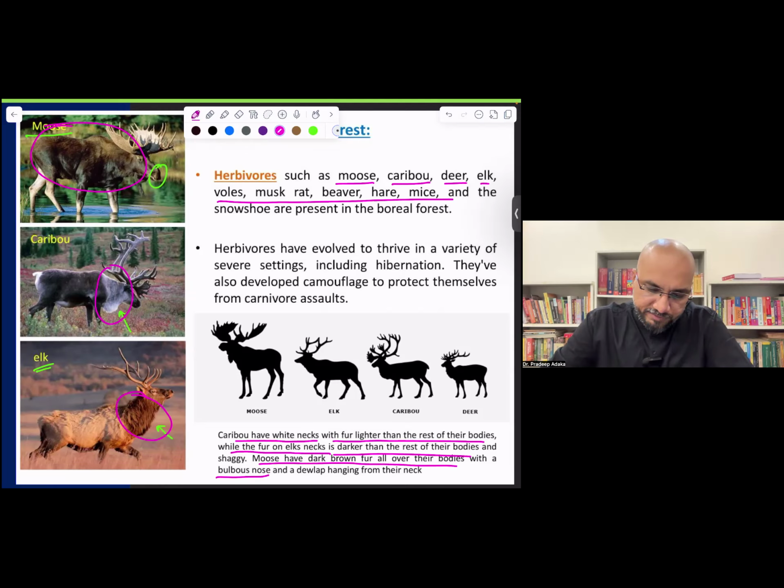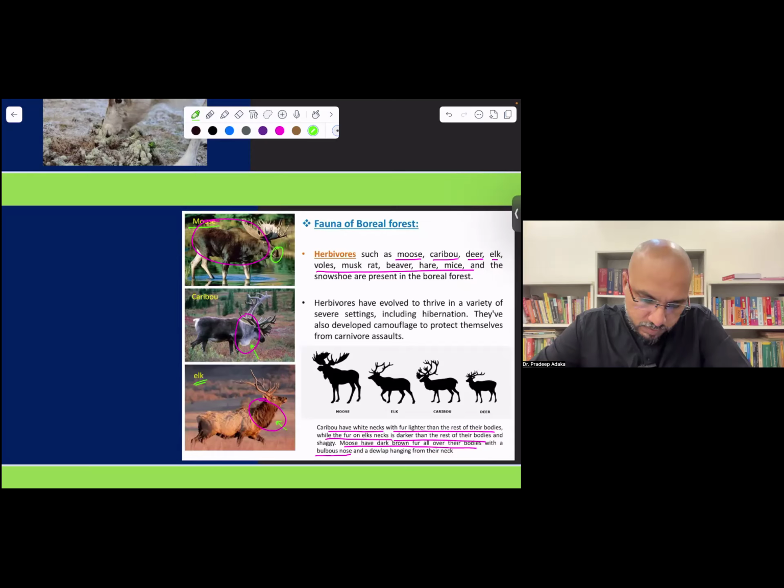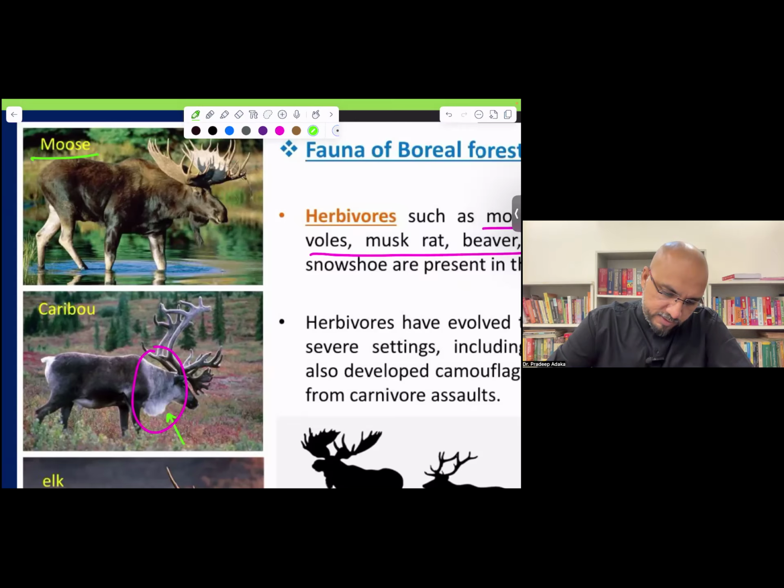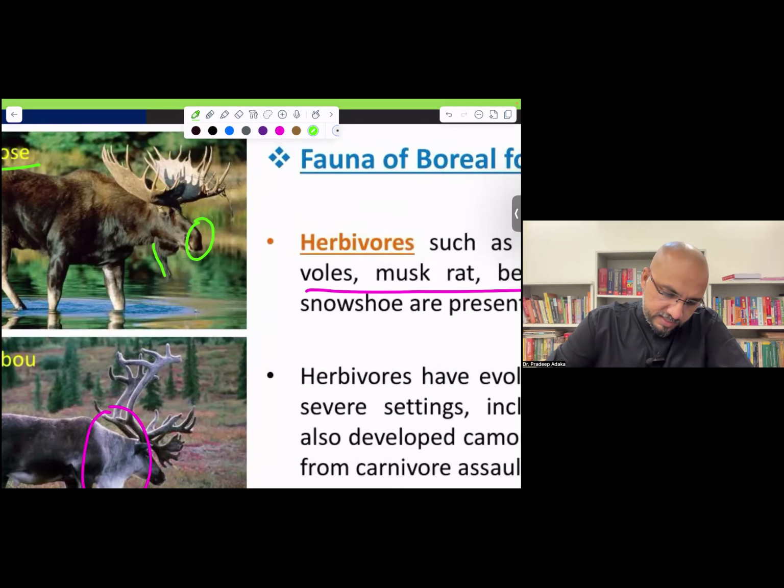So how do you differentiate between these? So in case of moose, let me expand it, maximize it. So you have a bulbous nose and you have a dewlap, like here you see it is hanging near the neck.